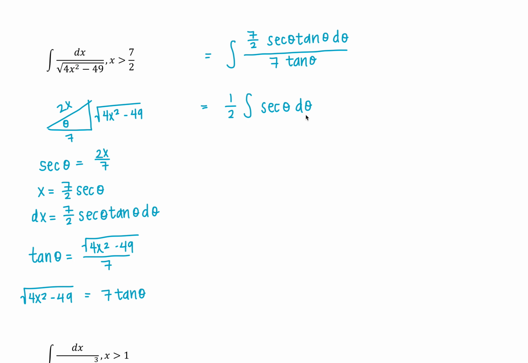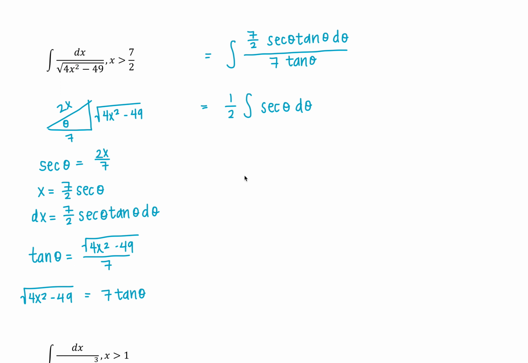Now, to integrate secant theta d theta, you're going to need to use the integral table, and you've got a copy of that in the Start Here module. We're going to actually use number 95 from the integral table to integrate this, okay? I'm going to go straight to what it looks like when it's integrated.